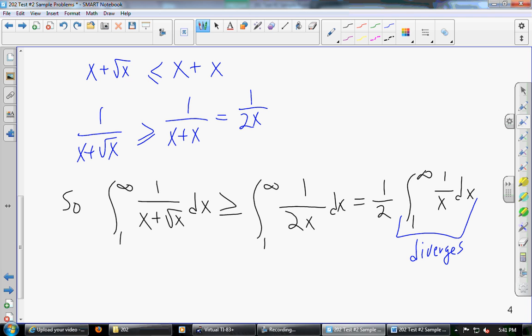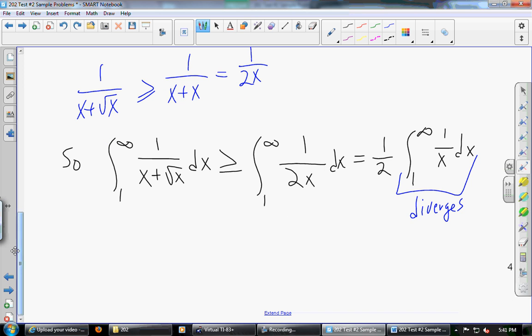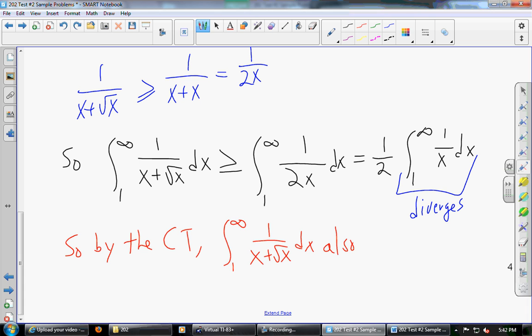And so that means that this integral here is infinity, and half of infinity is still infinity, no problem. So then by the comparison test, this integral is also divergent. It must be infinite because it's at least as big as another infinite thing. So by the comparison test, the integral from 1 to infinity of the original also diverges.